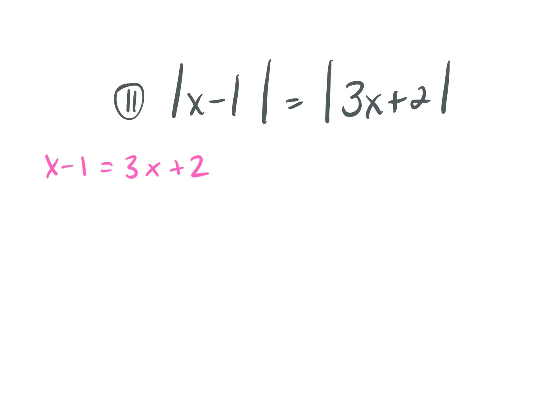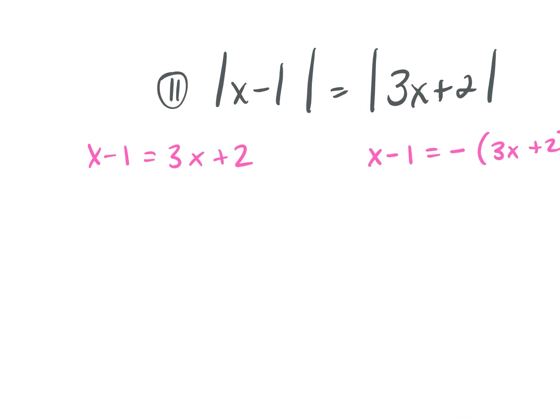But in my second equation, I have to make one side negative. So x minus 1 is equal to negative times 3x plus 2. It doesn't matter which side you make negative, but you're only making one side negative in the second one. So the first one stays exactly the same. The other one, one side's going to be negative.